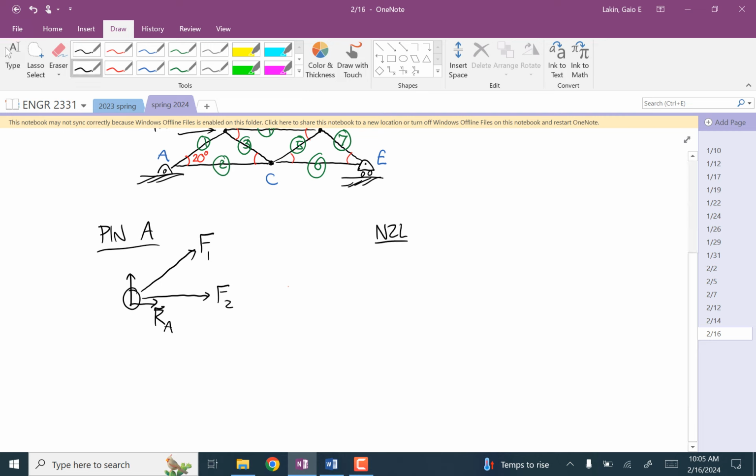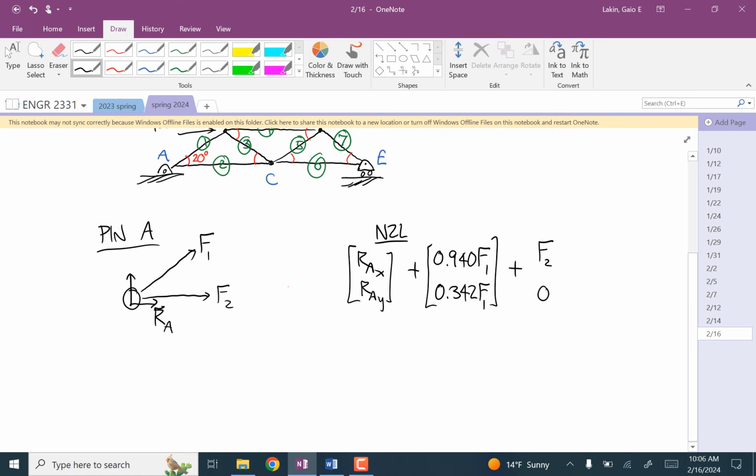So Newton's second law says RAX, RAY plus, this is at an angle of 20 degrees from the x-axis, so that's 0.940 F1, 0.342 F1, sorry. We're just multiplying the unit vector 0.940, 0.342 times the magnitude F1. And then we have F2, 0.